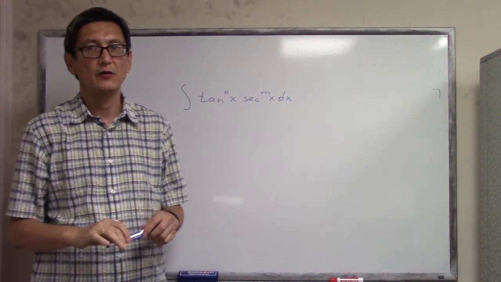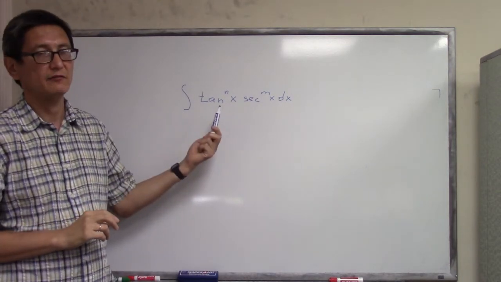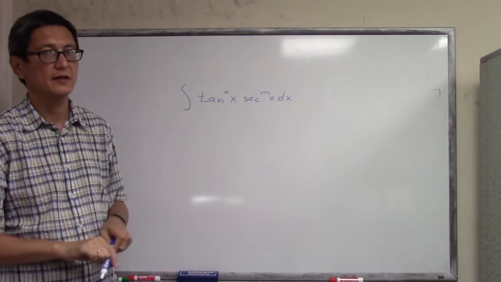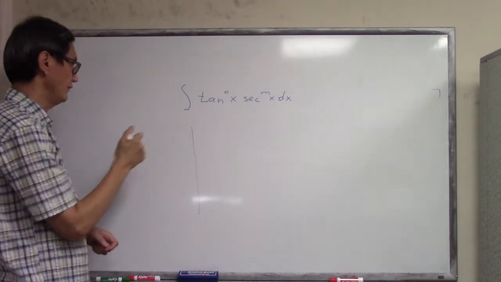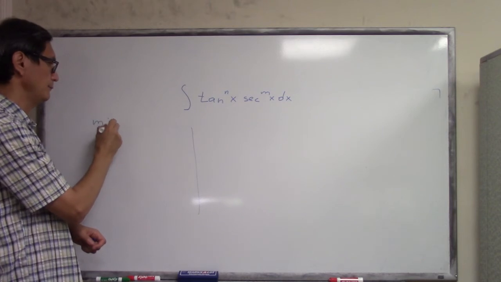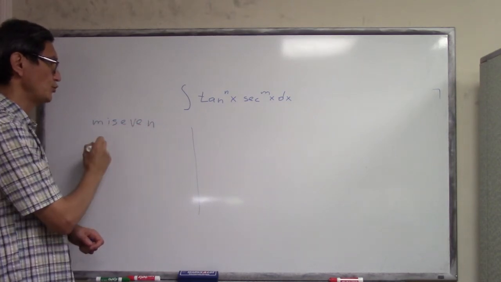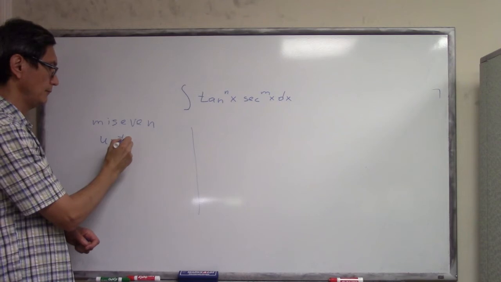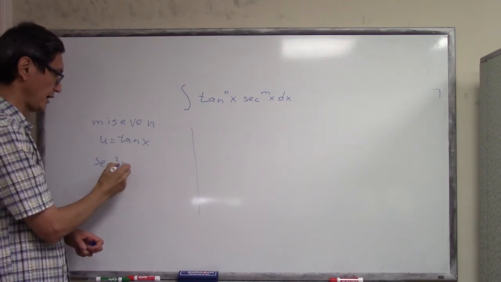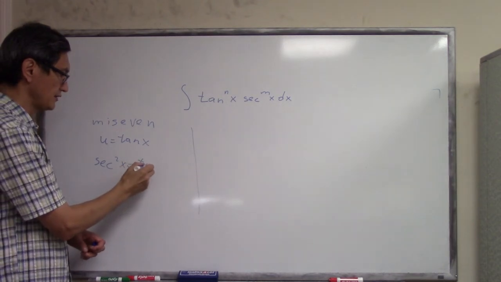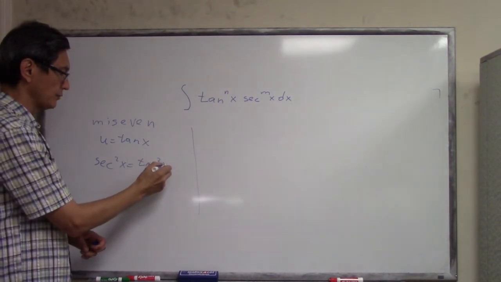To summarize, if we have the integral of tangent raised to the nth power and secant raised to the nth power dx, if we have the power of secant even, so if n is even, we do the substitution u equals tangent, and we use the property that secant squared x equals tangent squared x plus 1.